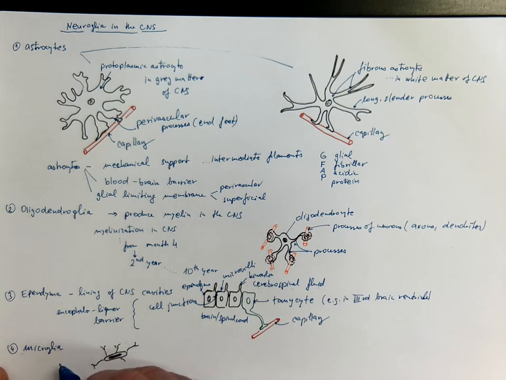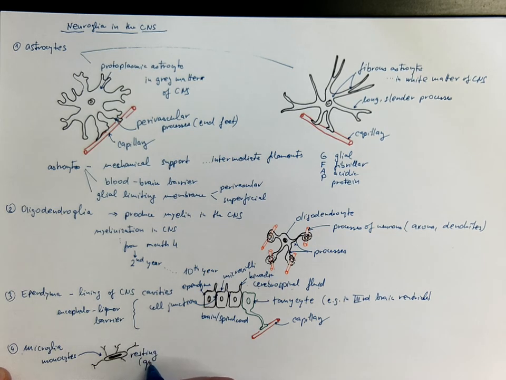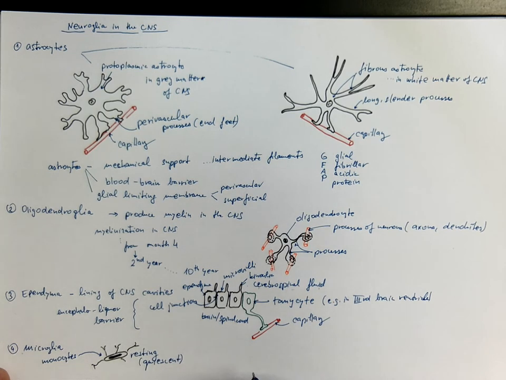They differentiate from the circulating monocytes. So blood monocytes are entering the CNS where they become microglia. This is how resting or quiescent microglia look.